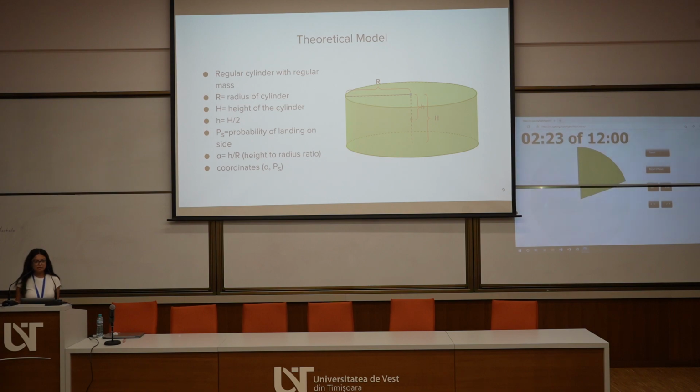That is just the height divided by 2, so the height from the center to the top. We use P sub s to represent the probability of the dice landing on the side, and alpha as a coefficient that represents lowercase h divided by the radius. For the graphs, we will be graphing alpha as the x-axis and the probability as the y-axis.